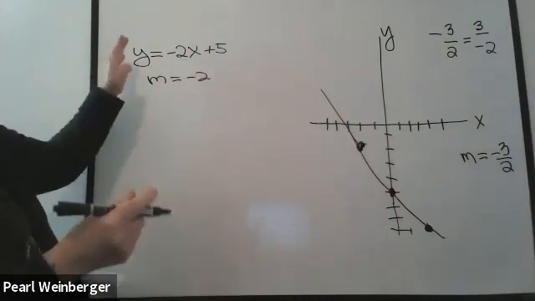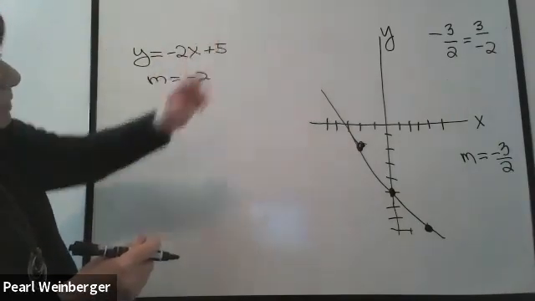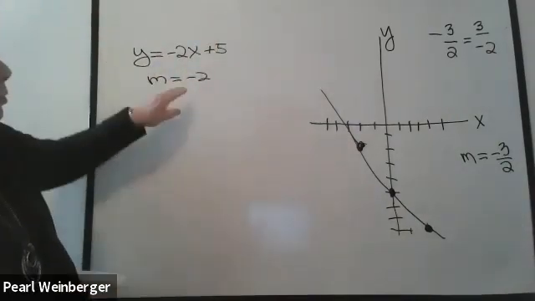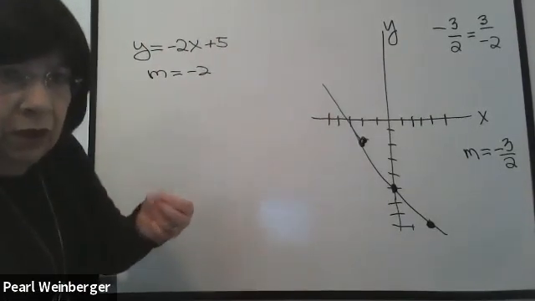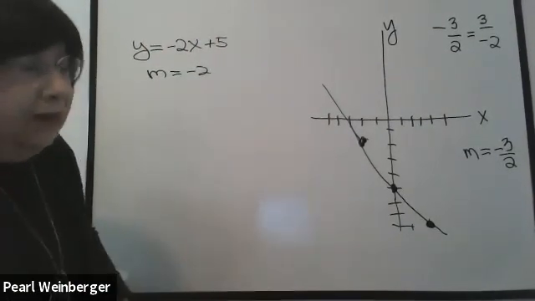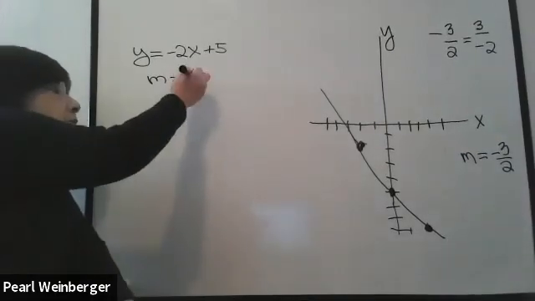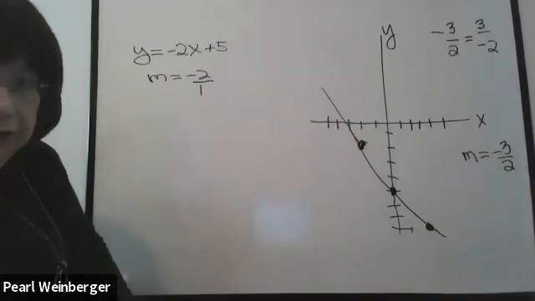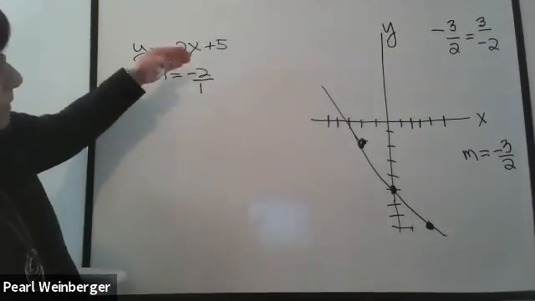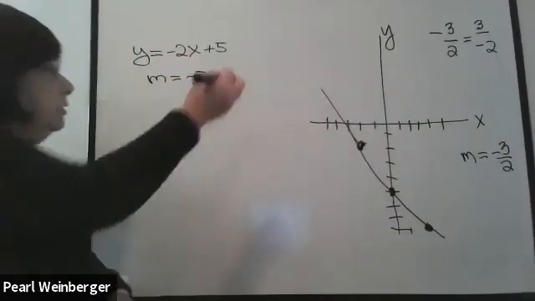Because it's already in the y equals mx plus b form. But when we talk about the slope, especially when we want to use it, we want to make sure it's a fraction. A whole number can always be made into a fraction by putting it over 1. So my slope is going to be -2/1.